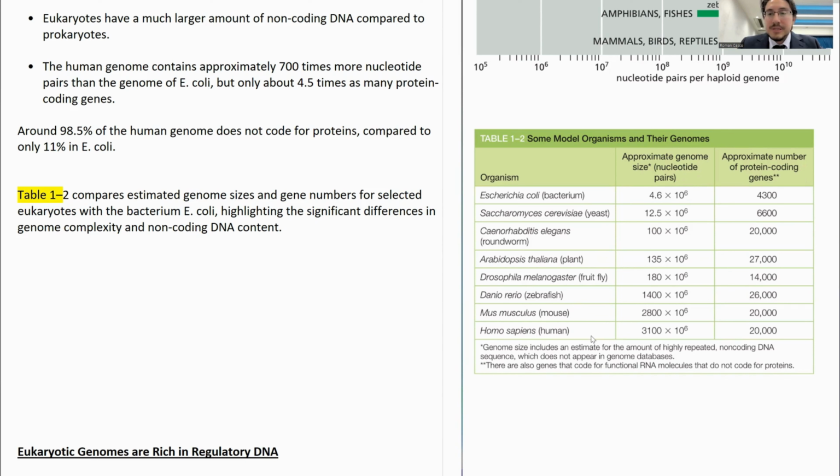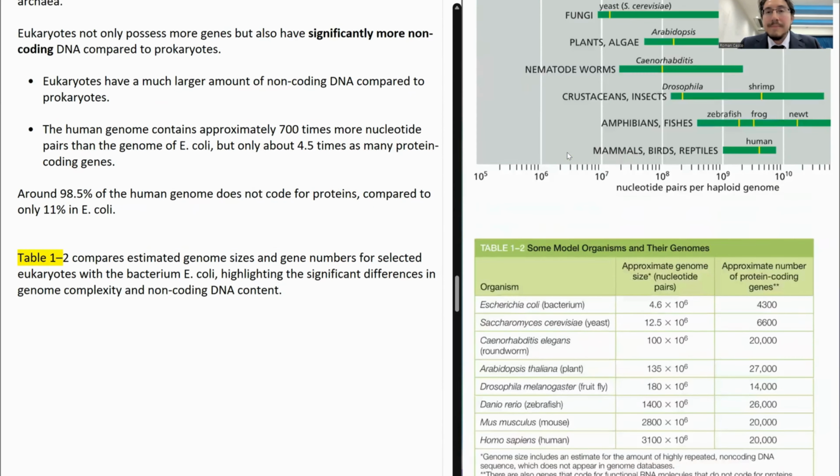So you can see some significant difference between complexity and non-coding DNA content. The approximate size of the genome and approximate number of just protein coding genes, kind of fortifying what I'm mentioning about non-coding and percent of non-coding DNA. All right.